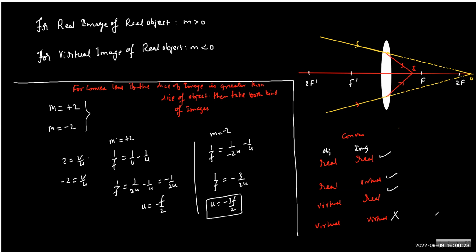The image has the same size, so there is no magnification. So we have exactly one magnification. M is 1 for which mirror? Plane. When you go to other mirrors, you see either increase or decrease.